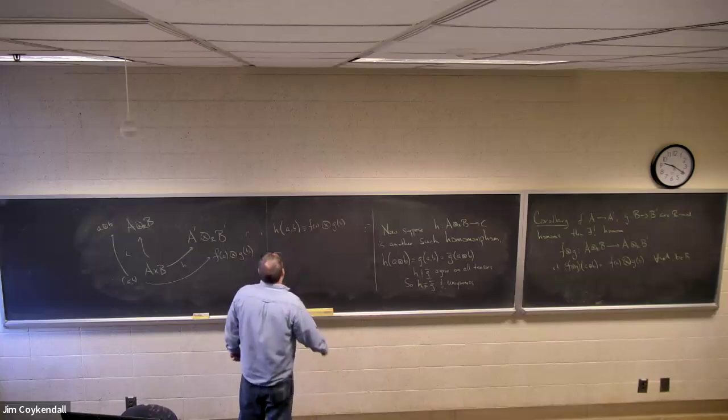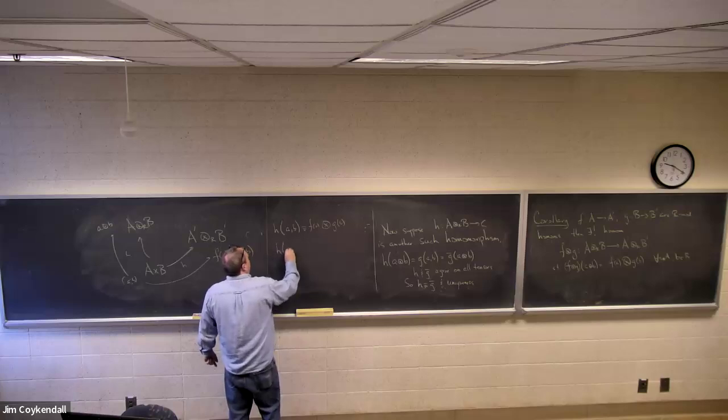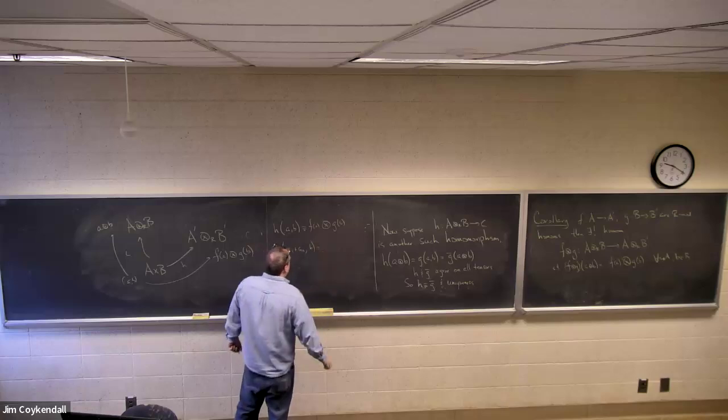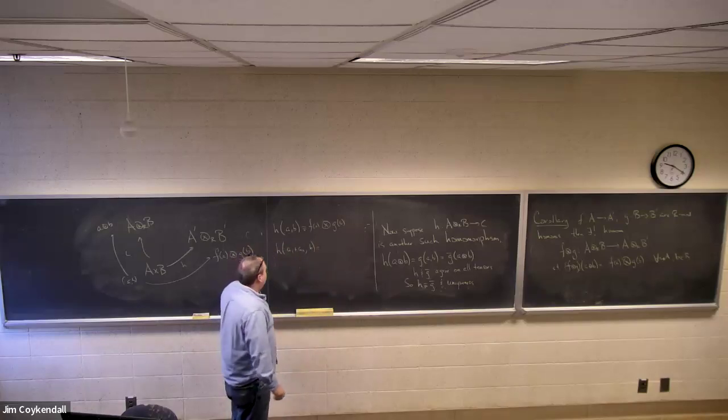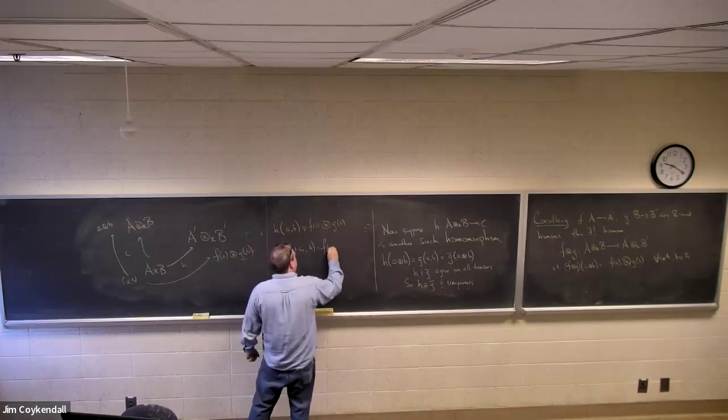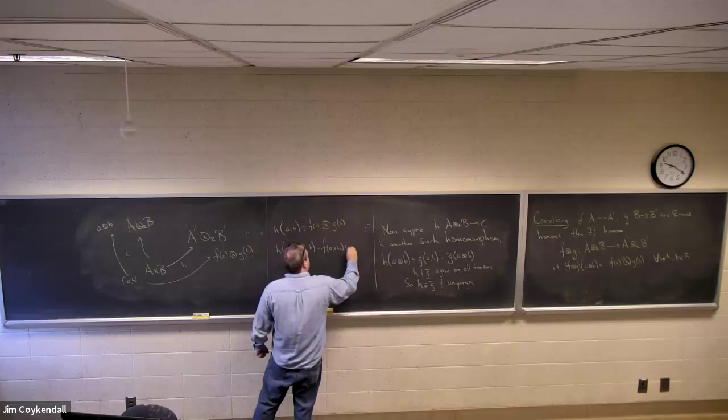I'll do it first with art. This is probably not a big surprise to anybody. What happens here, if I freeze the B, this is equal to F of A1 plus A2 tensor G.